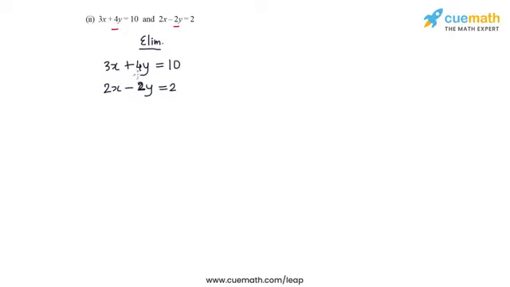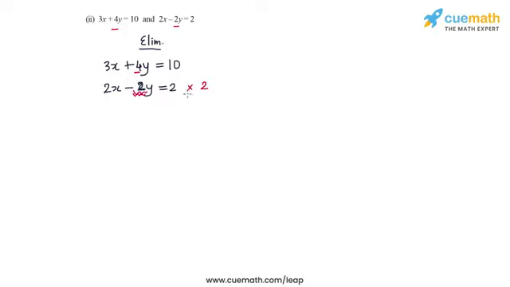Now we can see that the coefficient of y is 4 in the first equation and minus 2 in the second equation. So I can modify the second equation so that the numerical magnitude of the coefficient of y is the same in both equations. If I multiply the second equation by 2 on both sides, this minus 2 will turn into minus 4, and then I can add the two equations.